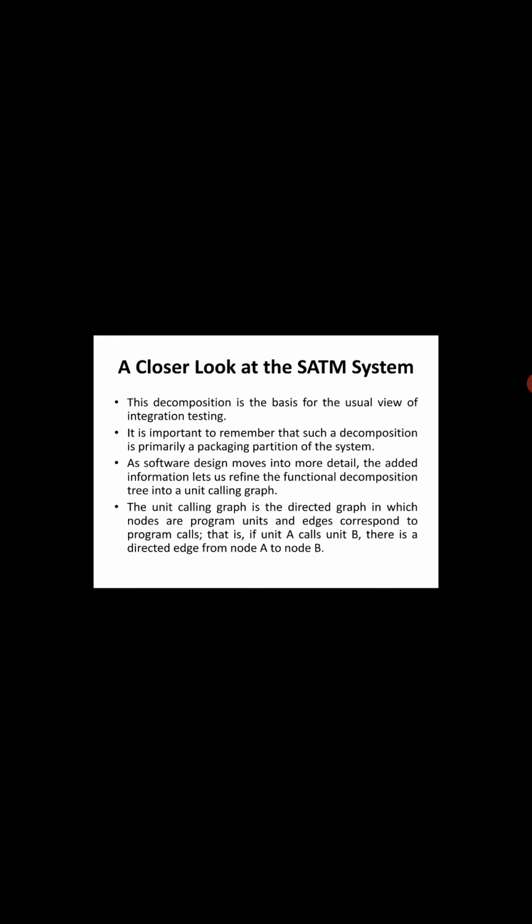We will see what exactly the unit calling graph is in the upcoming slides. You need to remember this point: when we go further in the system design process, the functional decomposition is refined into a unit calling graph. This unit calling graph is a directed graph. The explanation will be available in the next slides.